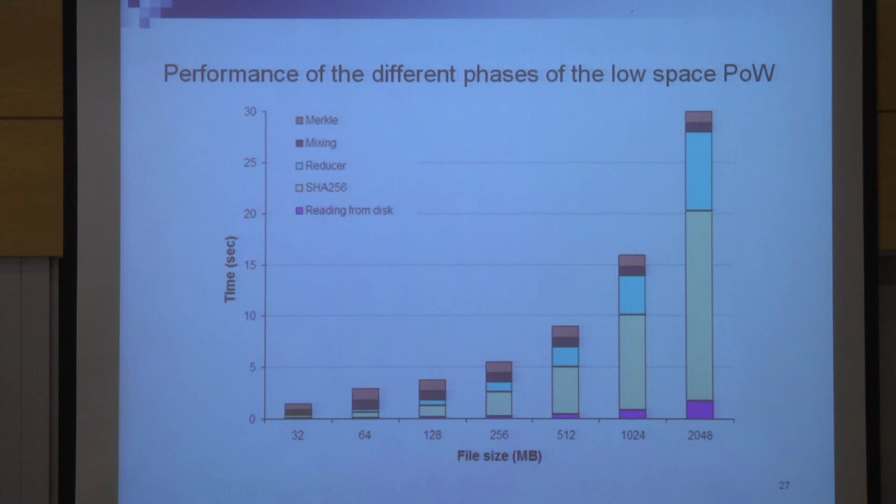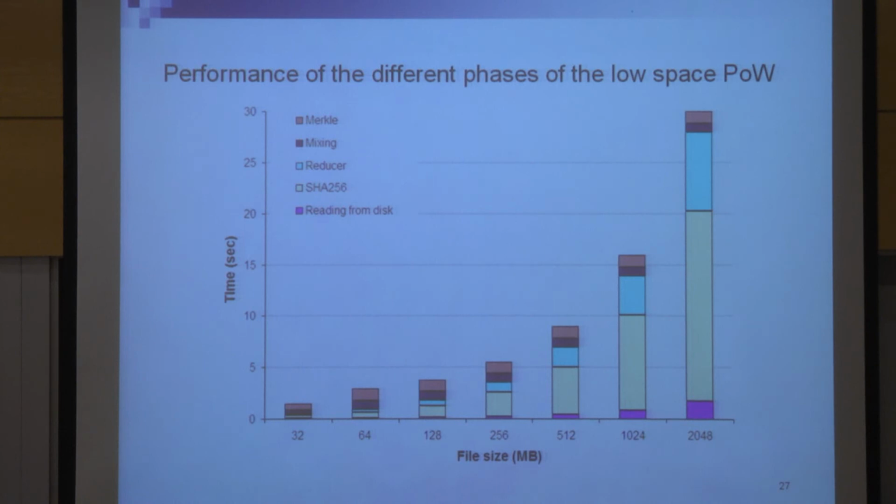There's the time it takes to actually compute the SHA on this file. And then you have the overheads of the reducing, the mixing, and the Merkle tree on top. We see that for smaller files, the overhead is pretty big. But for bigger files, it becomes more on the order of actually computing the hash function.